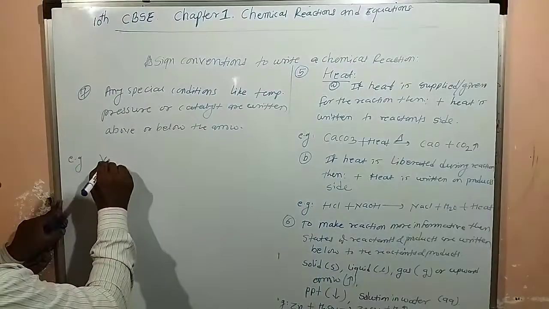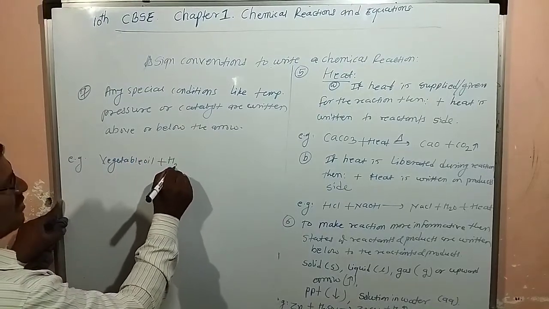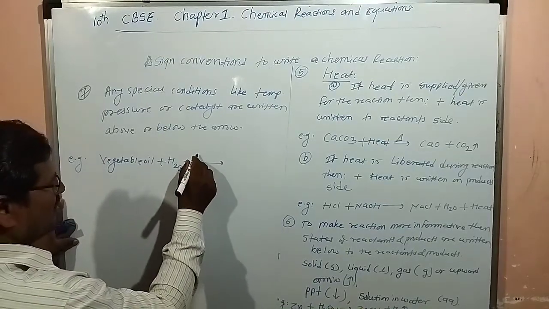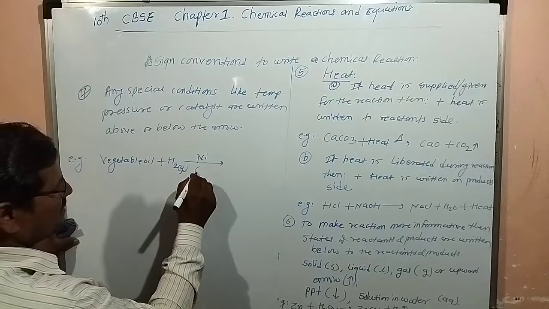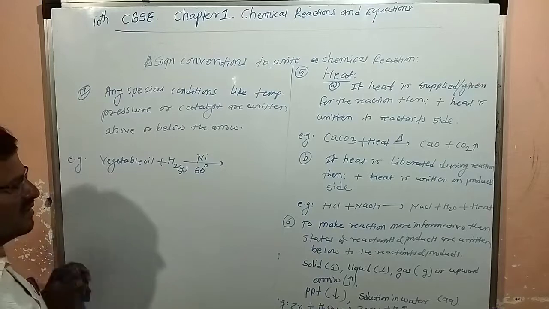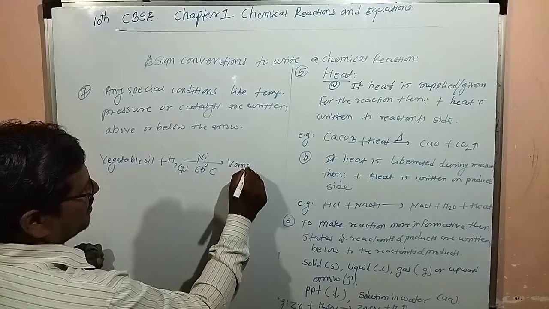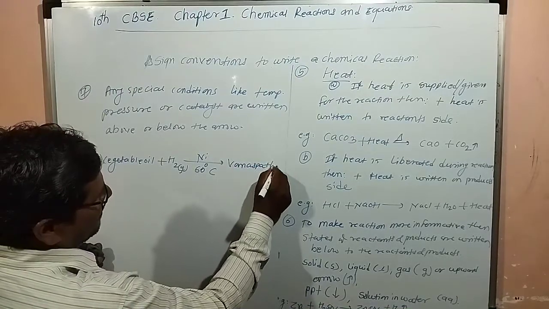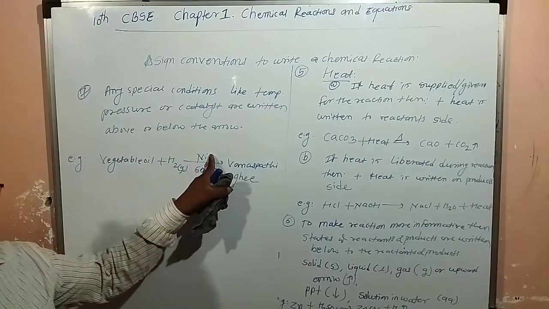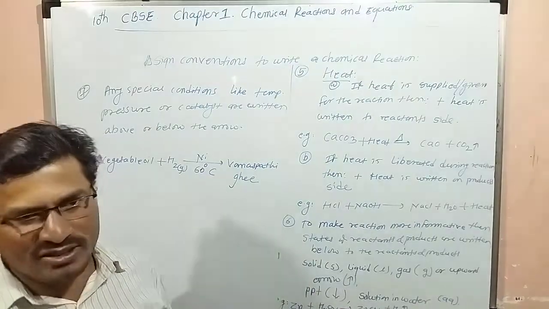You take vegetable oil plus hydrogen gas, then in the presence of a nickel catalyst at 60 degrees Celsius temperature, it gets converted into vanaspati ghee. Here the catalyst is nickel and the temperature is 60 degrees Celsius. Like this you can write.